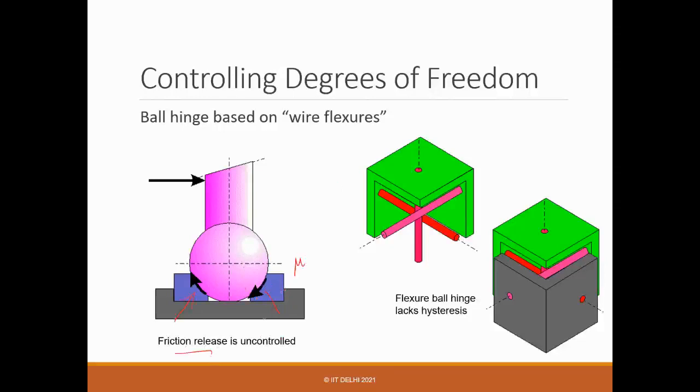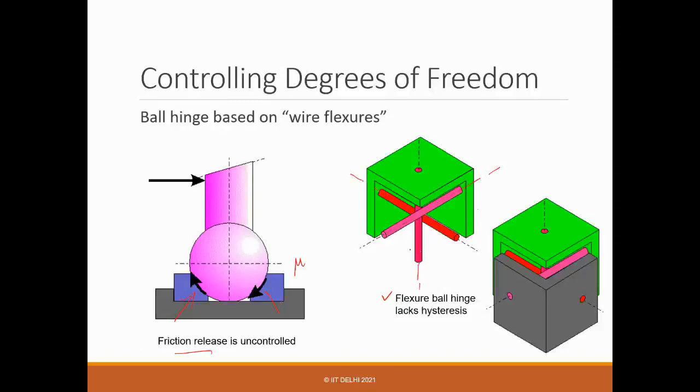So then if you go for even higher precision, then you go for flexure design. And flexure design is something like, again, along the three constraint lines, what you can do is you can simply use wire flexures, right?